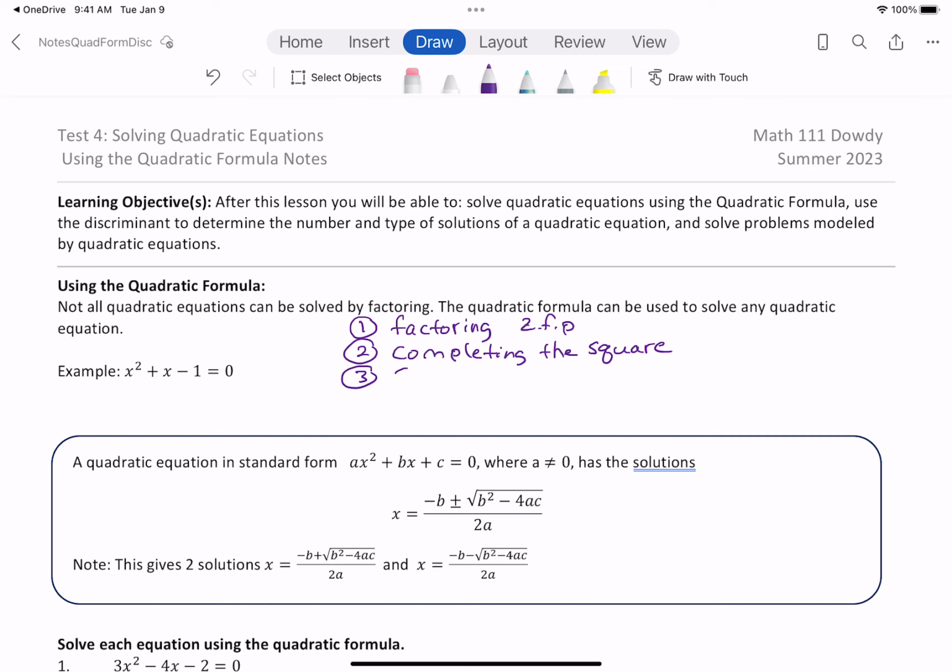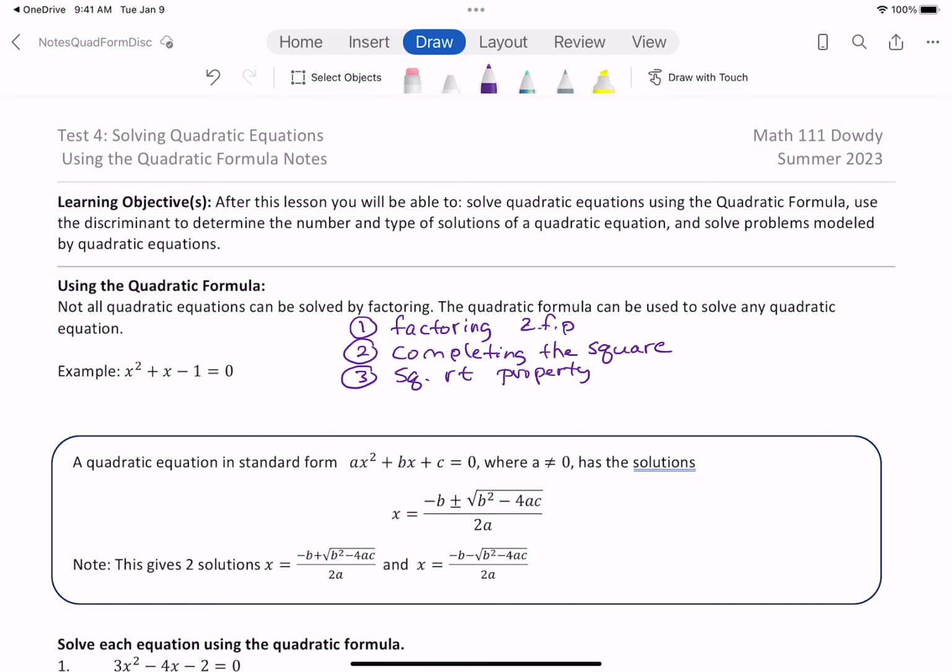The other way we've learned is to use the square root property. And of course, that only works in specific situations when we have a squared term or expression equal to a constant. So the quadratic formula is something that will work in any instance, and you don't have to worry about these different problems coming up.